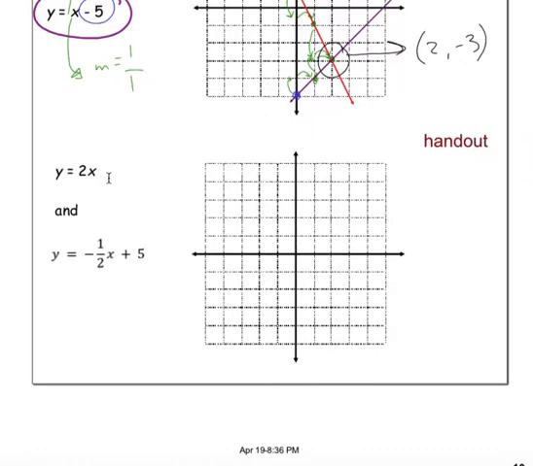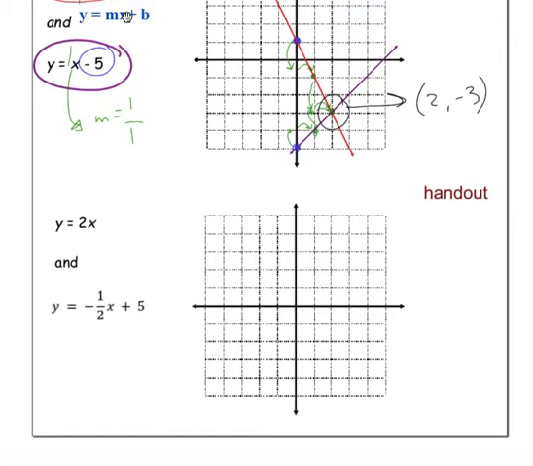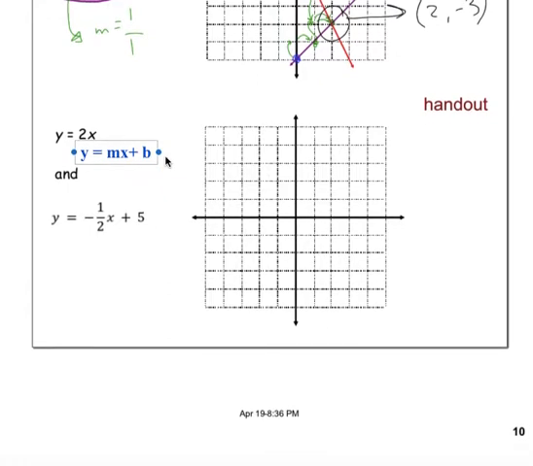Now we're going to take a look at the next one. I'm going to bring this down here so we can see. These are each in the y equals mx plus b formula. When there is no number for b, it means that it is plus 0.